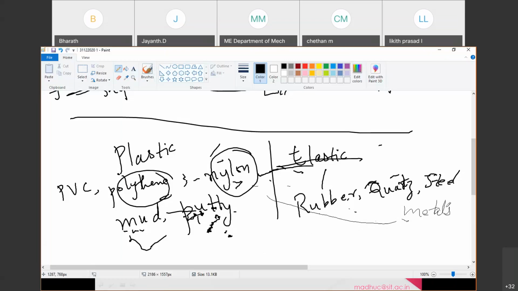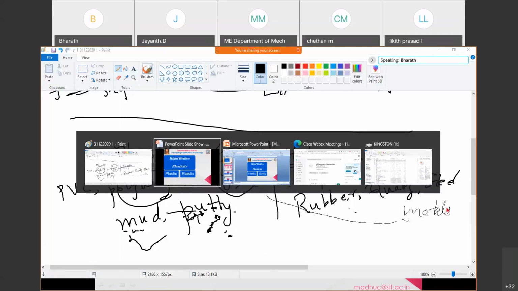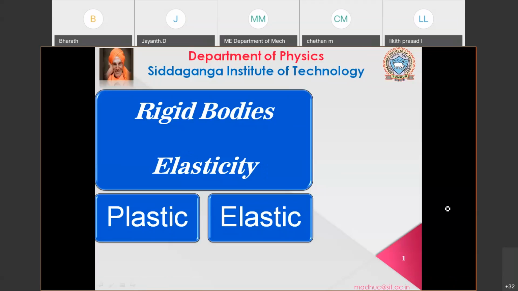So why do you need to study all these properties of a given material? Why do you want to know what the elastic nature is, what the plastic nature is? Let me take your mechanical branch, for example. Even in mechanical, if you want to build a machine, you need to choose what kind of material to use.